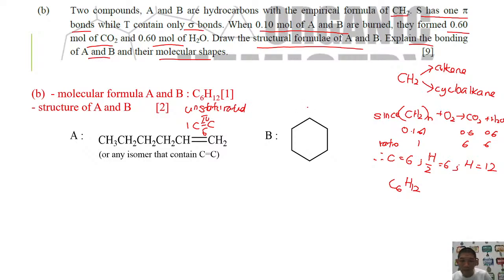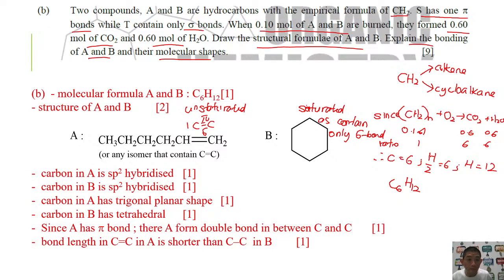Whereas in the cycloalkane, this is a saturated hydrocarbon because it contains only sigma bonds, etc. So you try your best to describe as fully as you can for how to answer A and B in here. You have to mention that carbon in A is sp2 hybridized, whereas all the carbon inside B in here is sp3 hybridized.